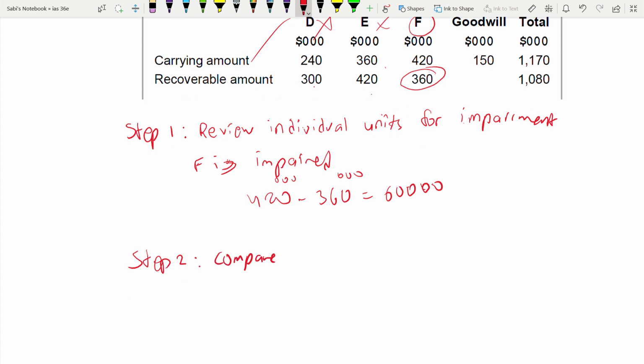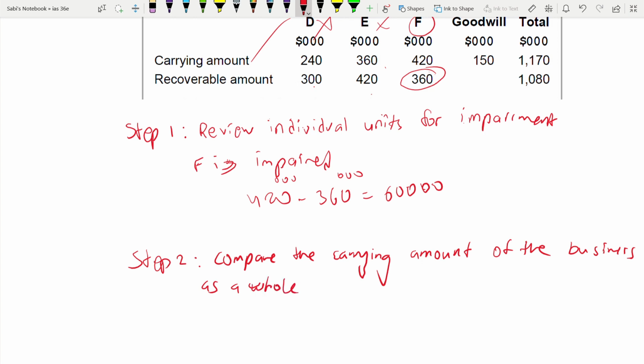Compare the carrying amount of the business as a whole, including goodwill, with its recoverable amount.